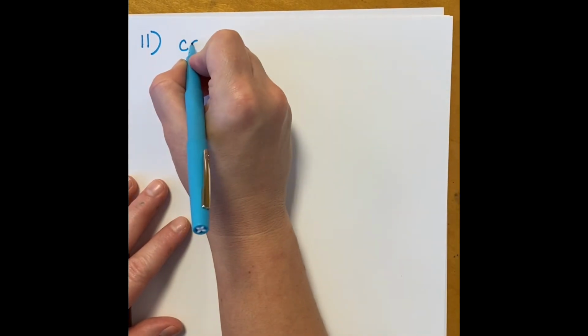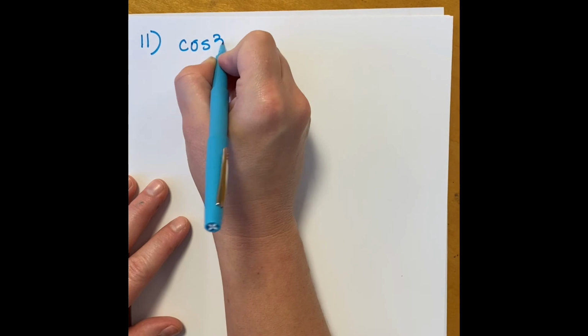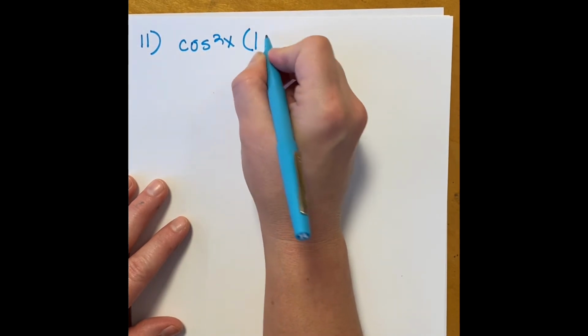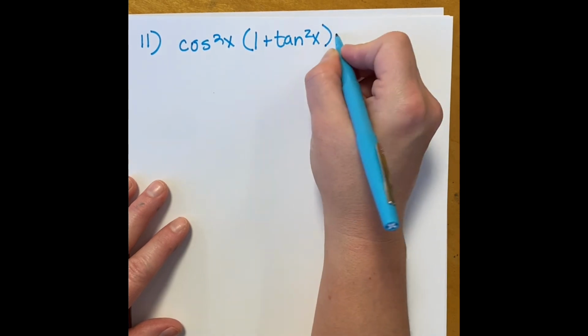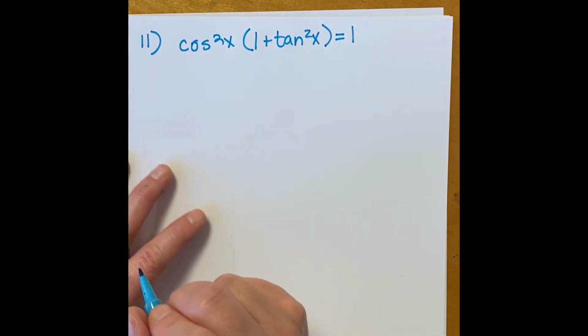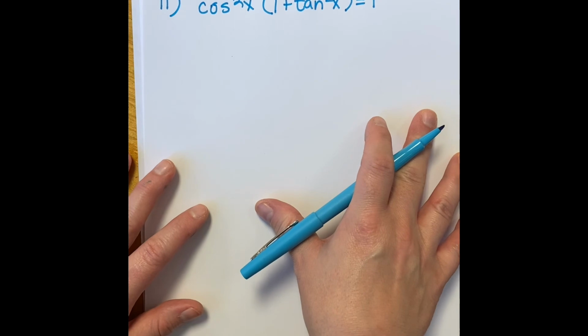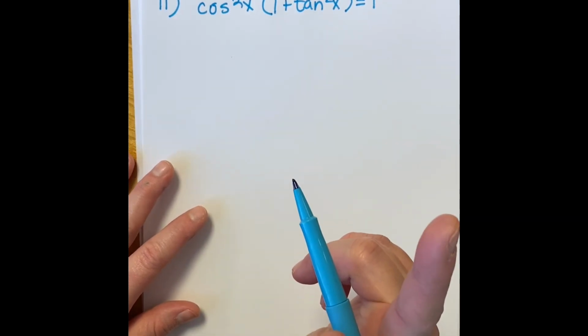All right, last one. We got cosine squared of x times 1 plus tangent squared of x equals 1. All right, does any of this look familiar to you? It should.